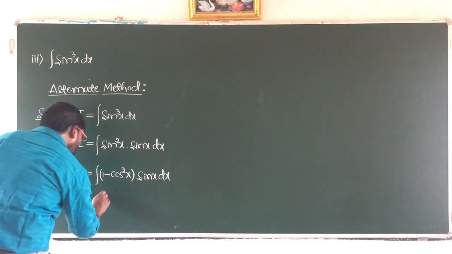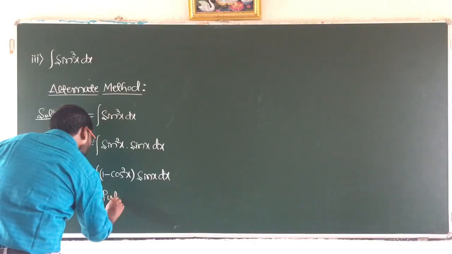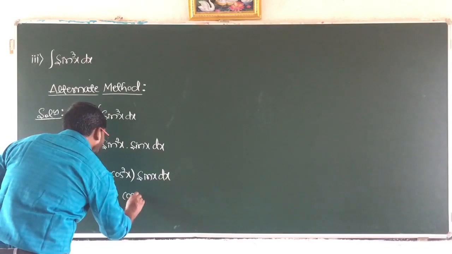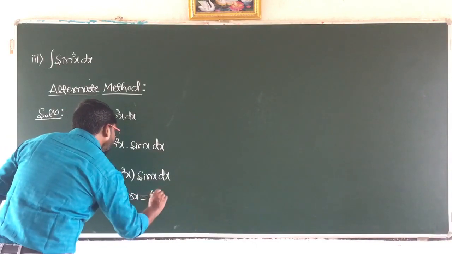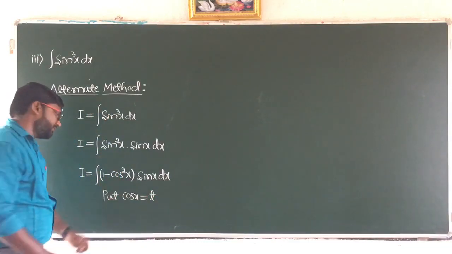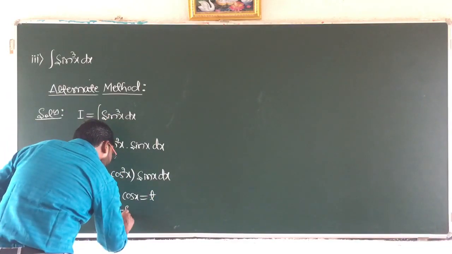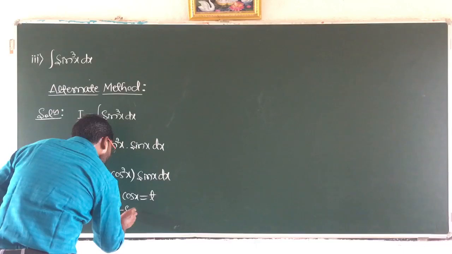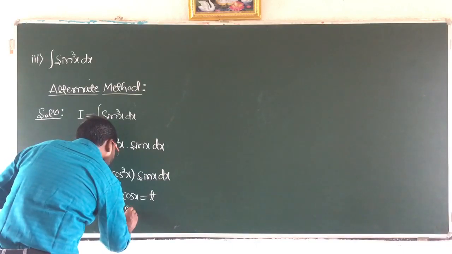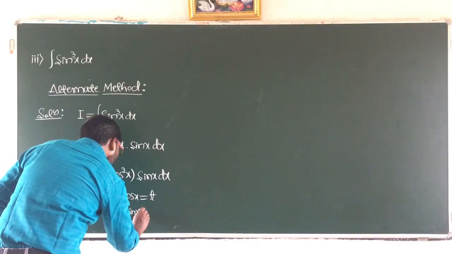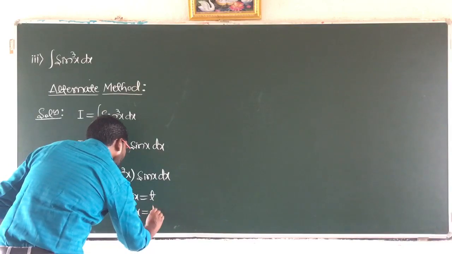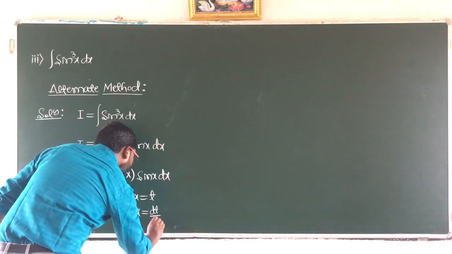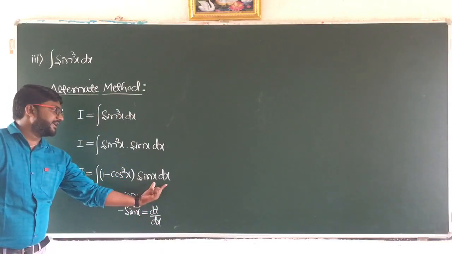Now we can go for the substitution. Put cos x which is equals to t. Differentiate both sides now. Minus sin x which is equals to dt by dx. But we need only sin x dx.